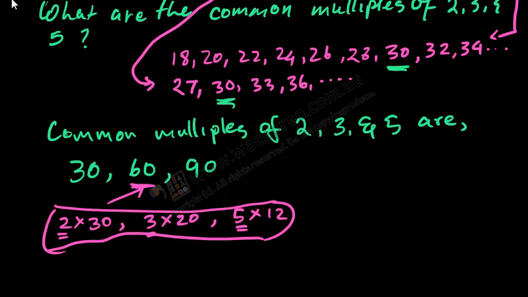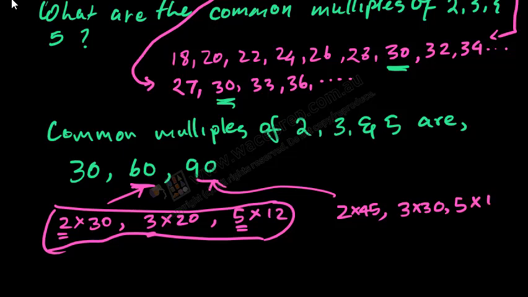And for 90, 2 times 45 would give us 90, 3 times 30 would give us 90, and 5 times 18 would also give us 90.